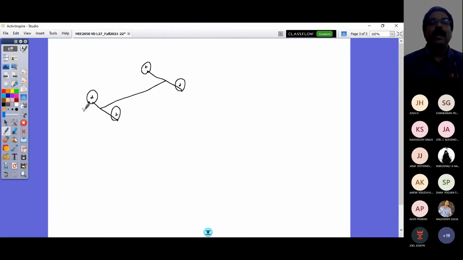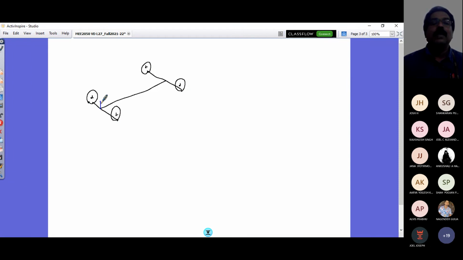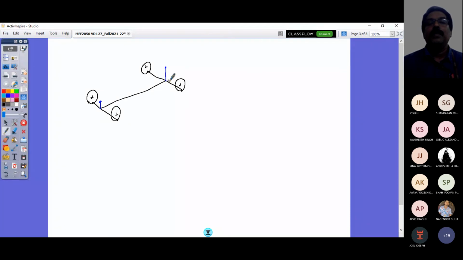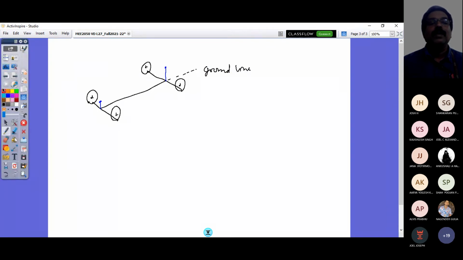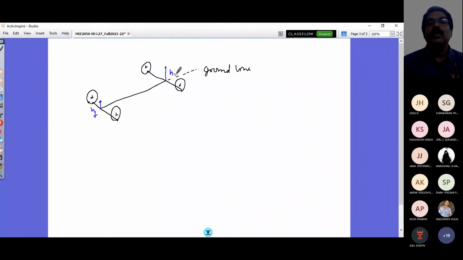And now I have my front axle roll center somewhere here. Rear axle roll center from here, from the ground. This line is on the ground. And this height is HF for the front and HR here. So the roll center at the rear is slightly higher than the roll center in the front.